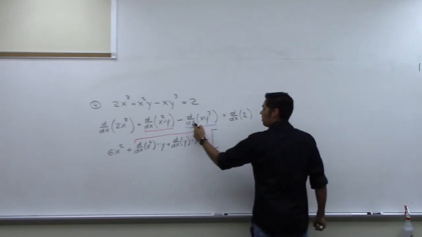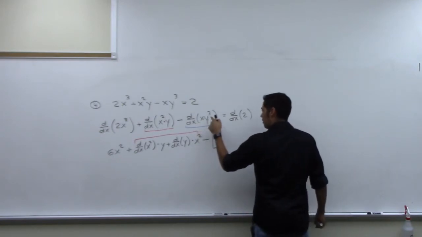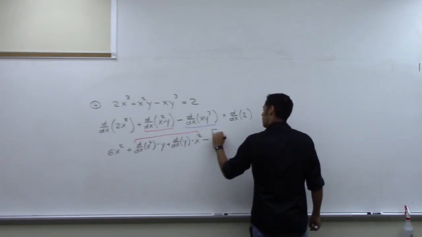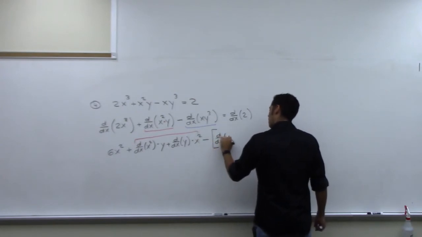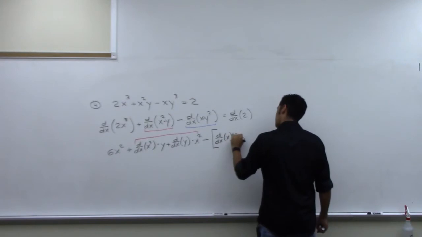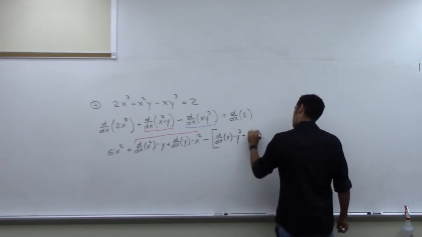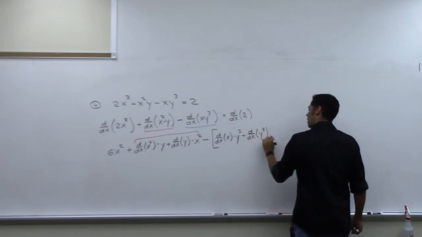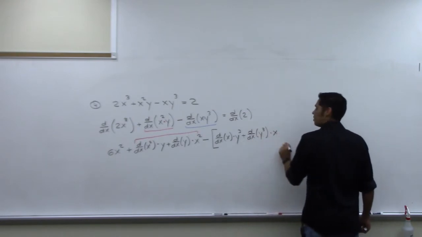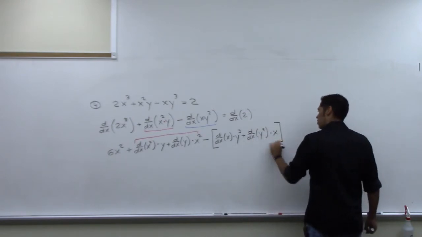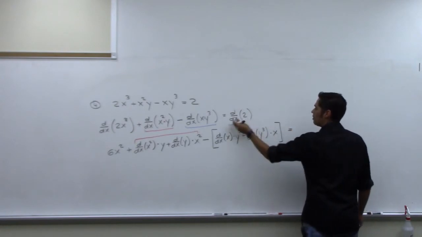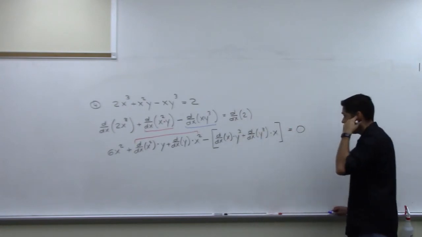So product rule says derivative of the first times the second plus derivative of the second times the first, and that would finish up my product rule, and then equals the derivative of 2, which is 0.